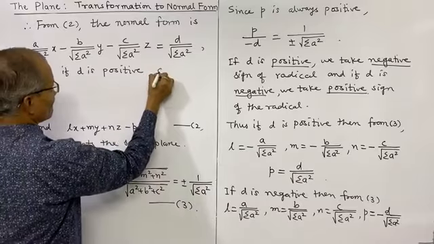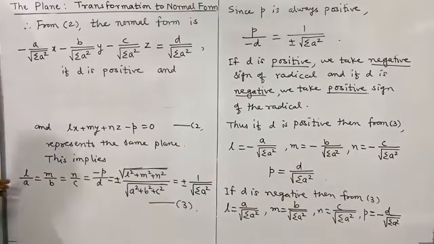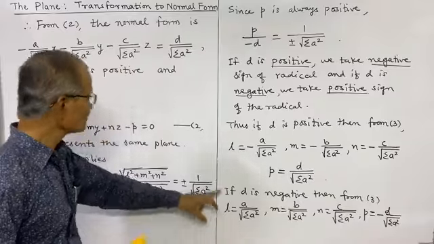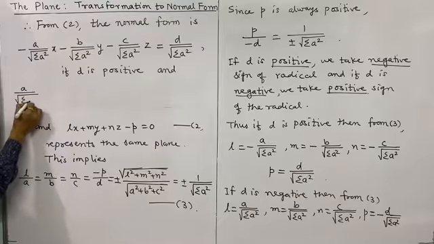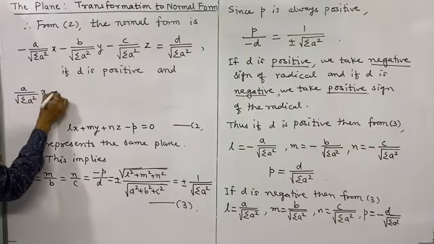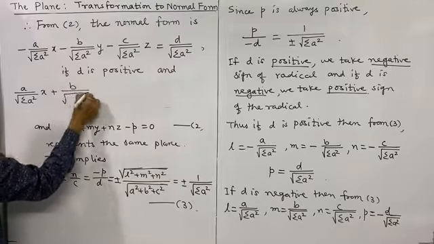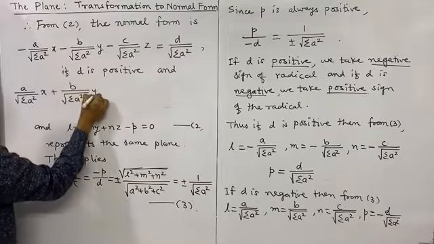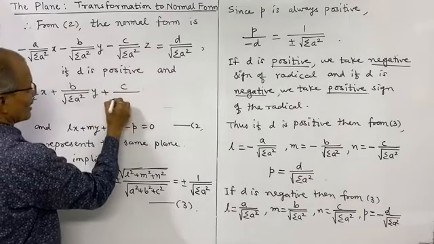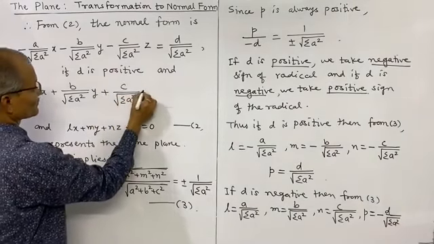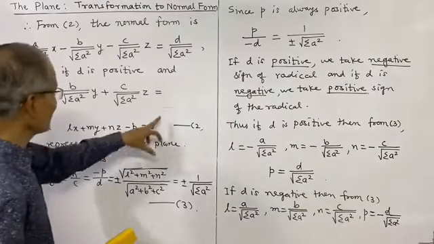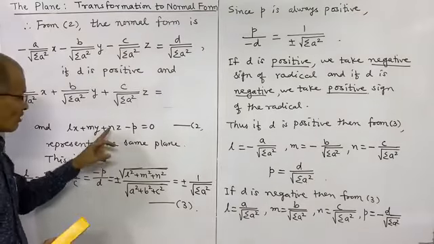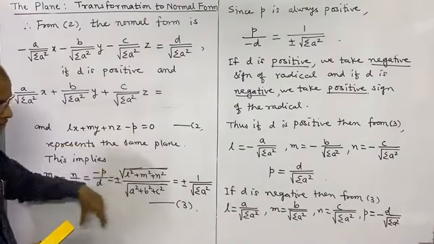And the other form, if D is negative, then these values are positive, so it is A divided by the square root of summation A square into X plus B divided by the square root of summation A square into Y plus and so on. Now you see P is negative, so we are writing P on the right side, so we have to observe the second form, and in the second form we have to put these values.